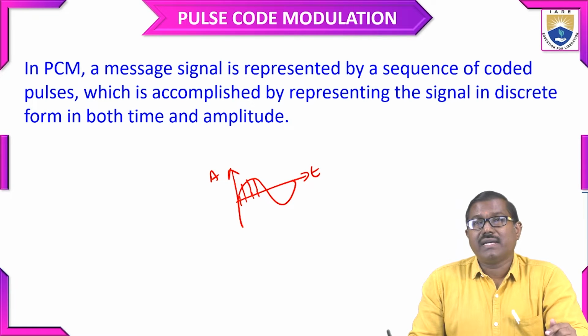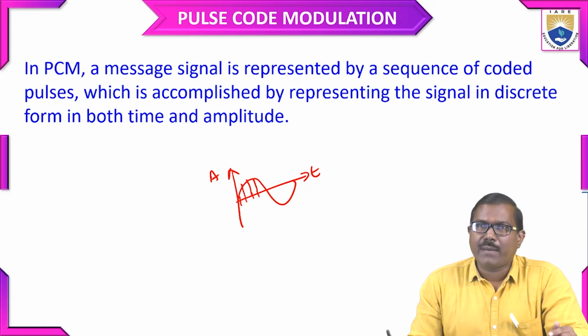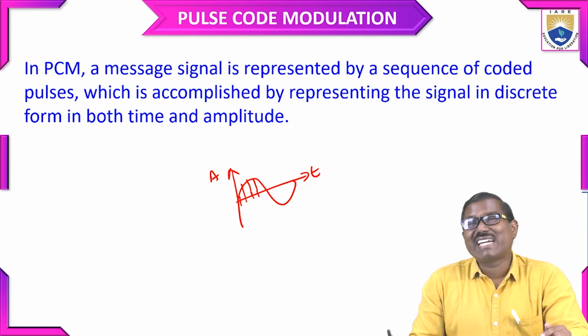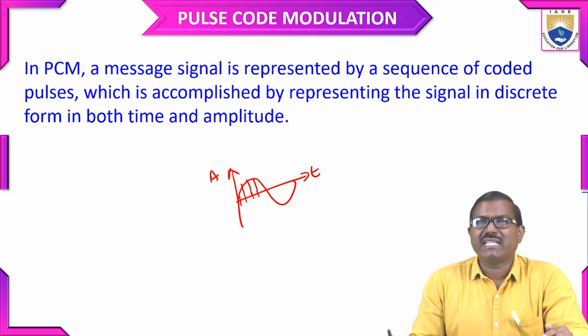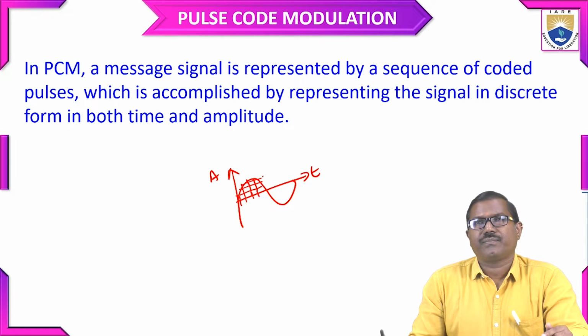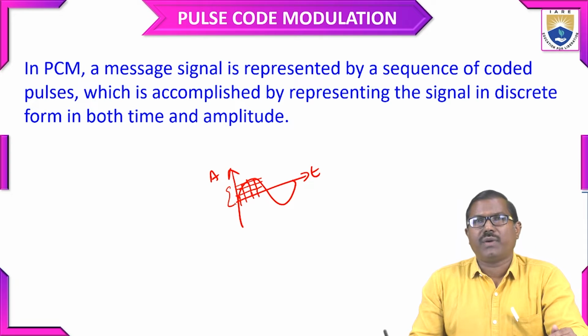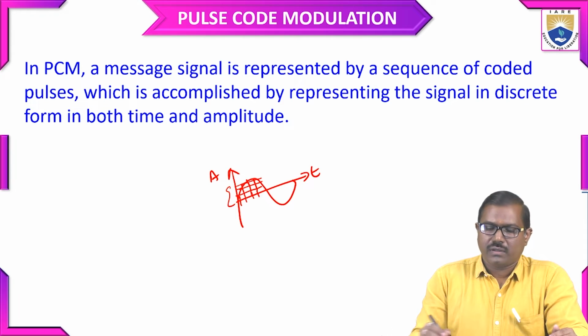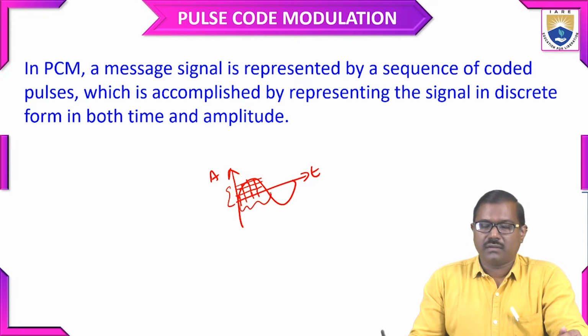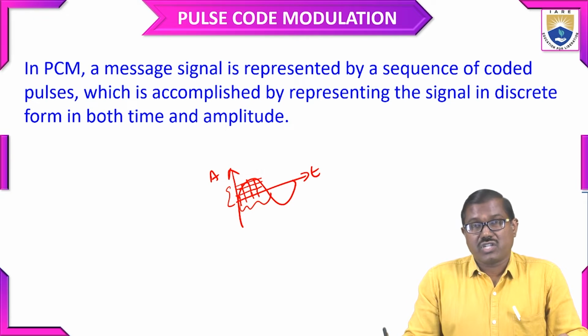So here I am going to convert this continuous amplitude into discrete form by applying quantization. That means I am going to make it discrete in the amplitude domain also. Already we have time discrete by using sampling.